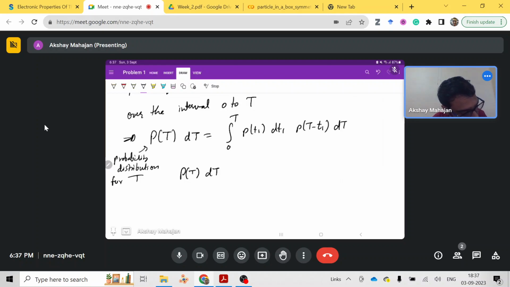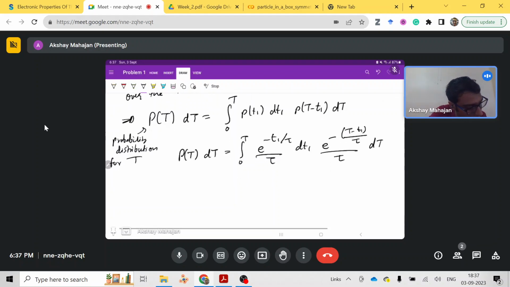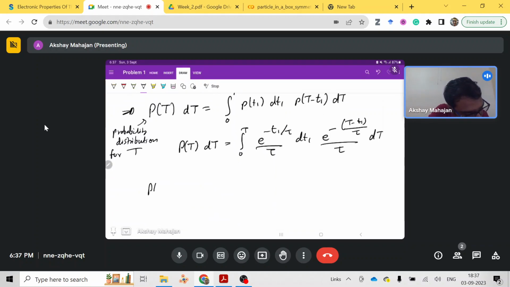So P of T dt is the integral from 0 to capital T of e to the minus t1 by tau dt1 times e to the minus (capital T minus t1) by tau, and here we have dt, with t1 going from 0 to capital T. So what we have is P of T dt.